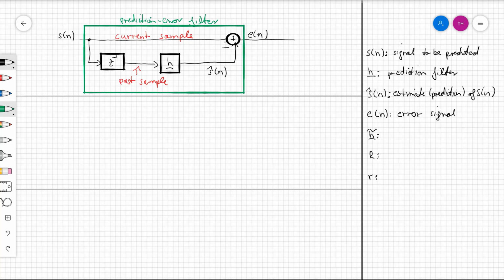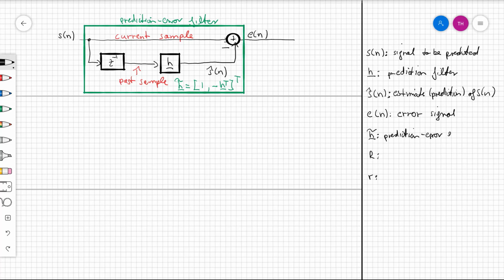If we want to have filter coefficients for that, we can put them in H tilde. This vector is constructed by a leading 1, and the other coefficients are just the negative of our prediction filter coefficients. So H tilde represents our prediction error filter.